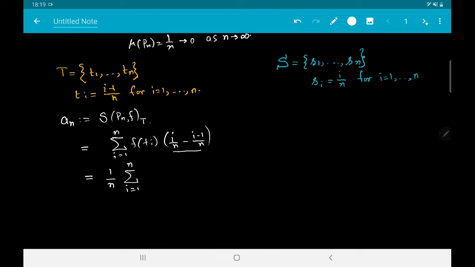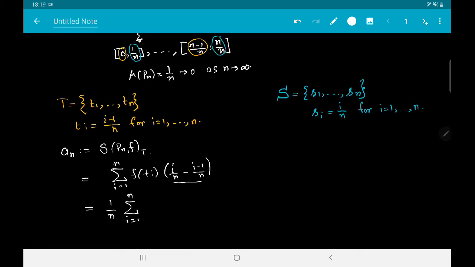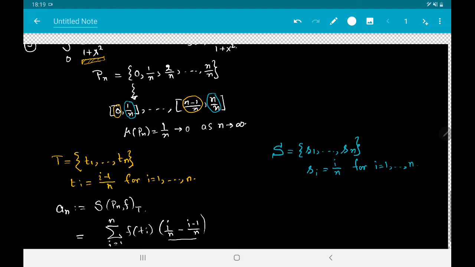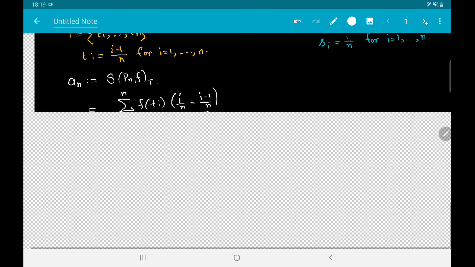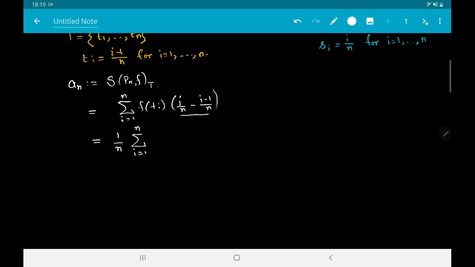What was our function that we wanted to evaluate at these endpoints? Our function was given by f(x) equal to 1 divided by 1 plus x squared. So this is nothing but 1 divided by 1 plus ((i minus 1) divided by n) whole squared.